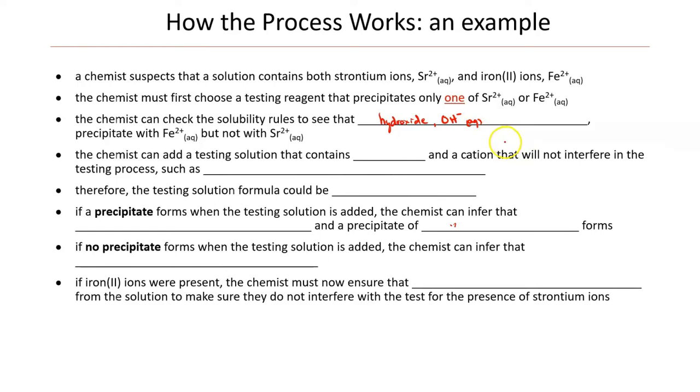Now, I can't just go to the shelf and get an ion that I want to test with, but I have to add a testing solution that contains the anion of interest. So I would want something that has a hydroxide ion and a cation that won't interfere. And usually what we do is we'll use a group 1 metal ion, like an alkali metal ion.